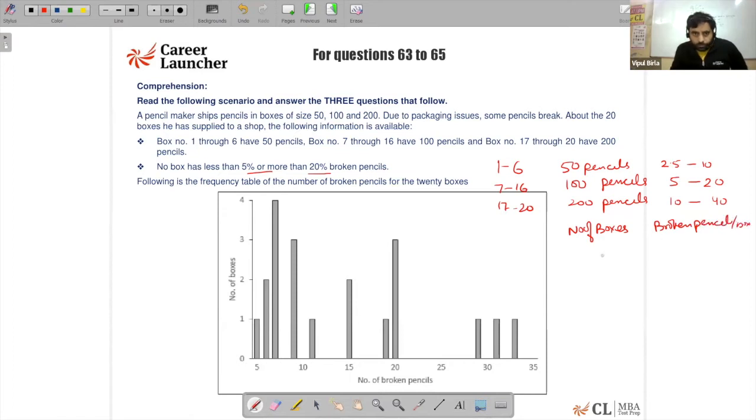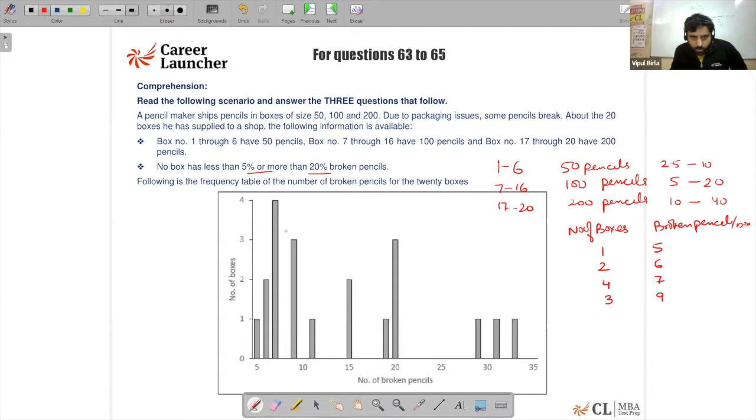So there is one box with 5 pencils broken. Then we have 2 boxes with 6 pencils broken, 4 boxes with 7 pencils broken, and then 3 boxes with 9 pencils broken.